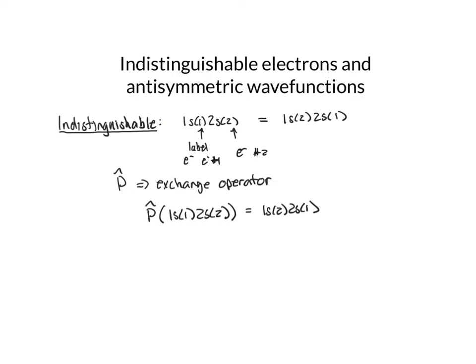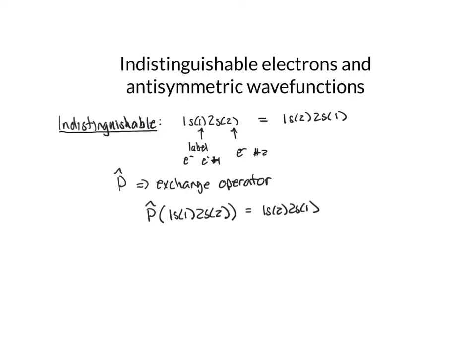And because this wave function is not the same as this wave function, it doesn't look exactly the same, this wave function is not an eigenfunction of this exchange operator. And all of my wave functions have to be eigenfunctions of the exchange operator.